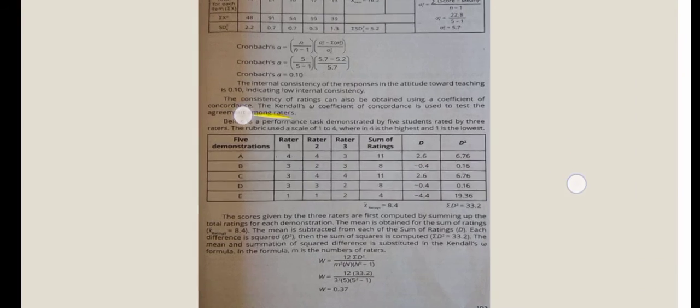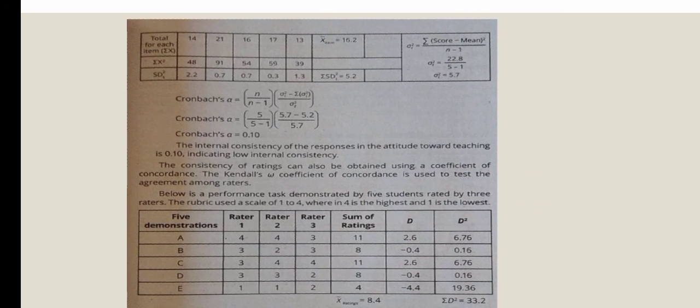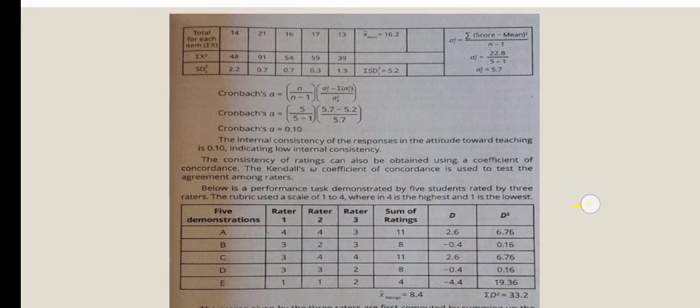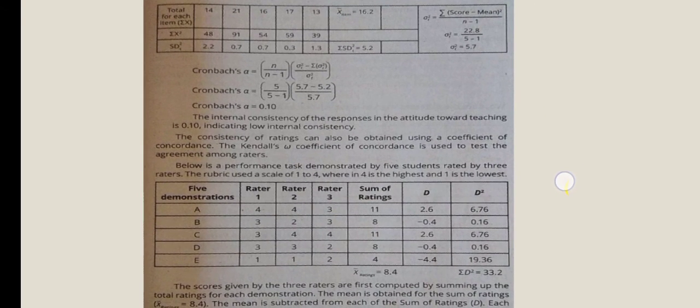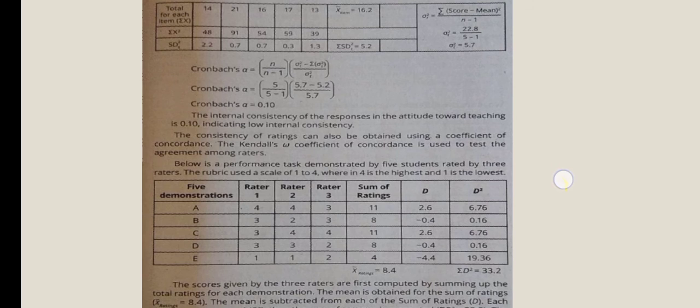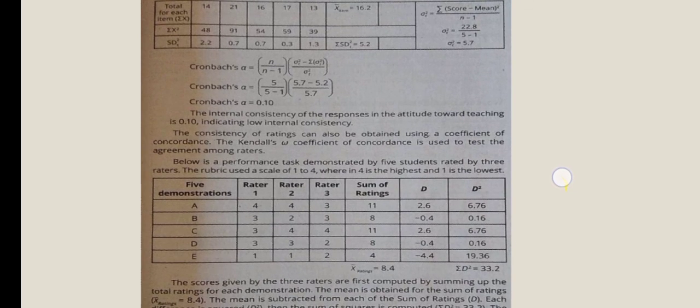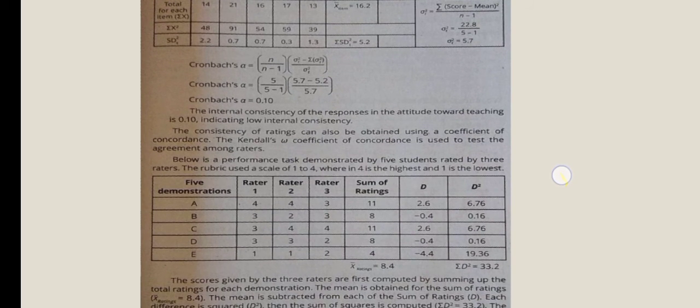This is the formula: the sum of the squared differences, 22.8, over 5 minus 1, equals 5.7. For the Cronbach's alpha, we substitute the numbers. The internal consistency of the responses in the attitude toward teaching is 0.10, indicating low internal consistency.